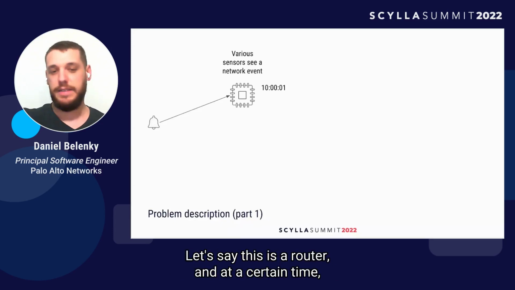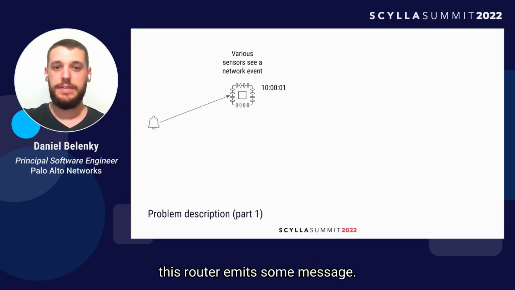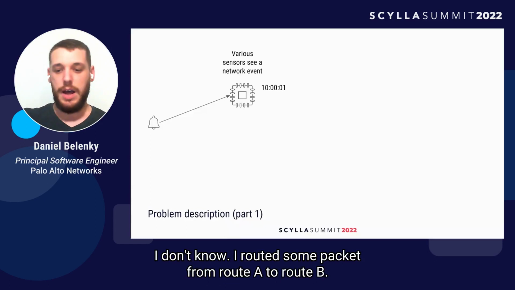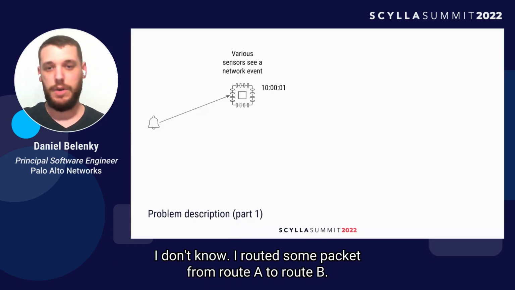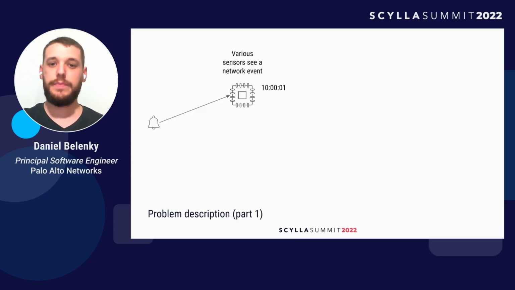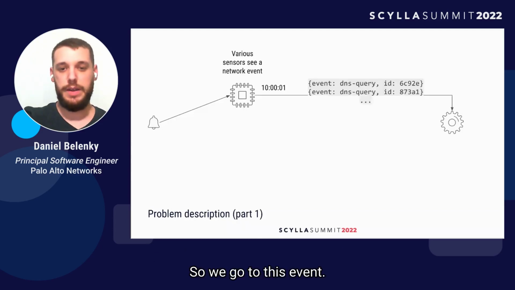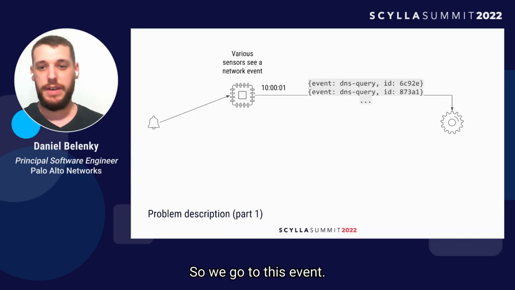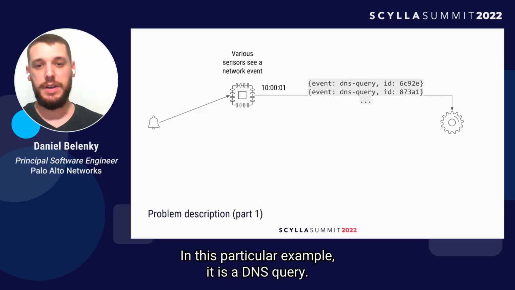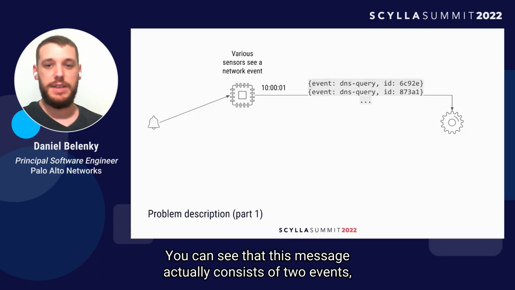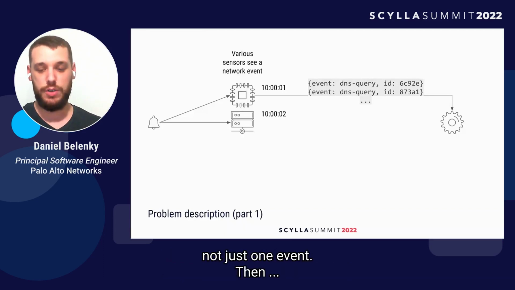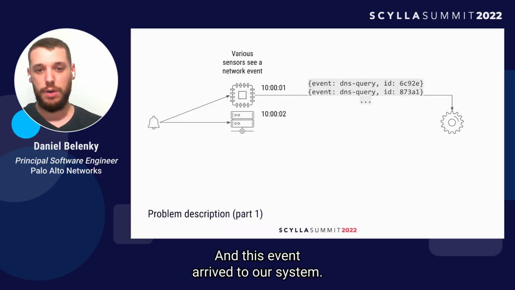At a certain time, this router emits some message, say I routed some packet from route A to route B. We got this event. In this particular example, it is a DNS query. You can see that this message actually consists of two events, not just one event. This event arrived to our system.